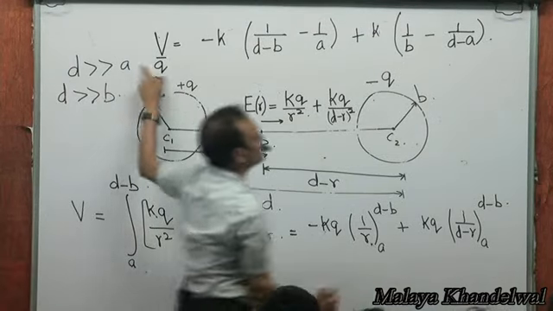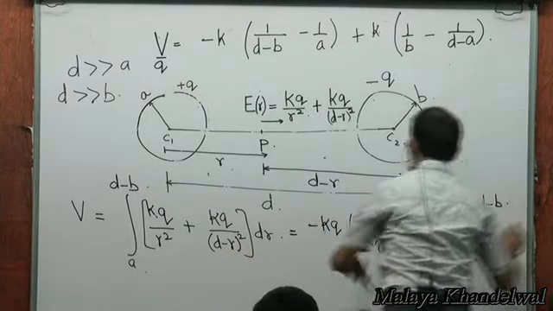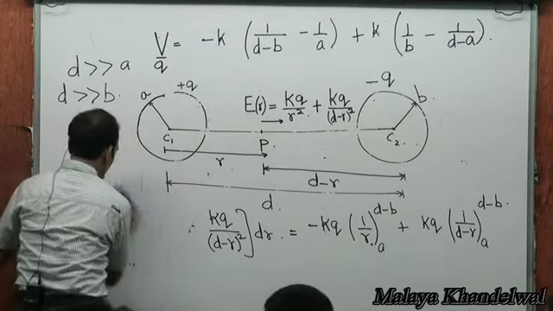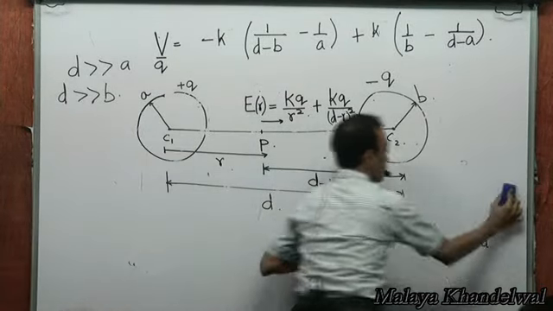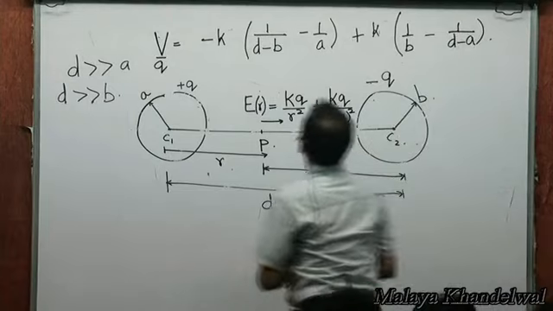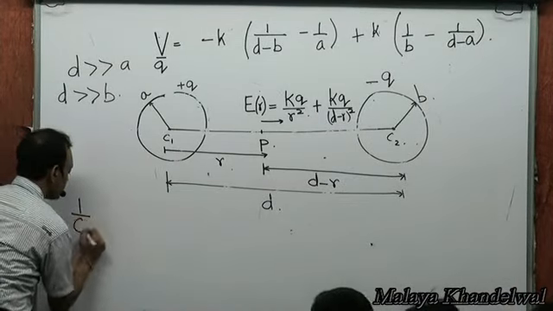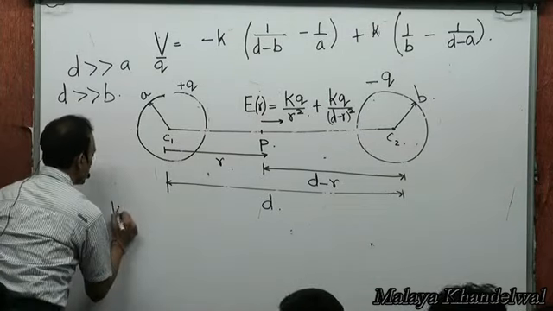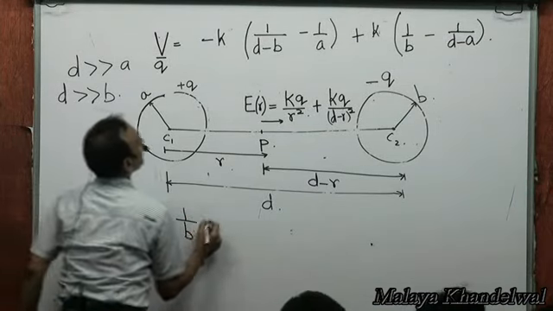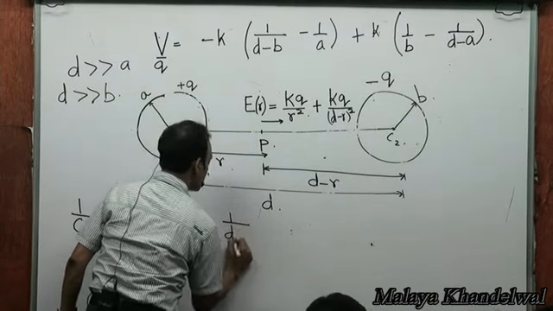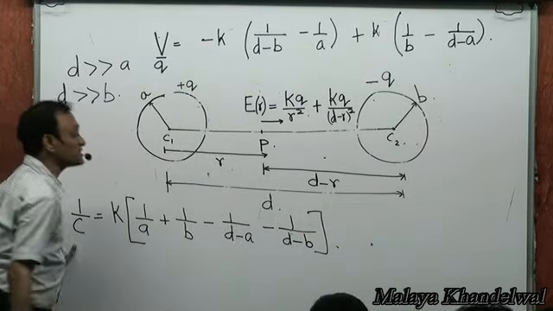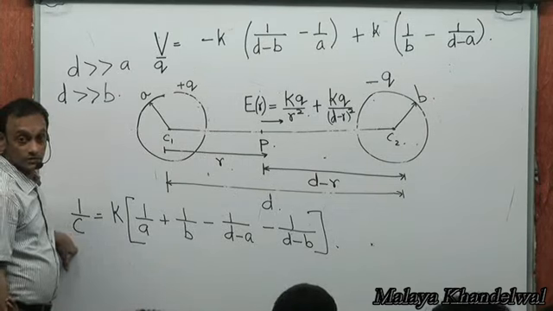So, can I remove this part? 1 by C is k times, k is 1 by 4 pi epsilon naught, 1 by A plus 1 by B minus 1 by d minus A minus 1 by d minus B. That's the reciprocal of the capacitance of this arrangement, right?